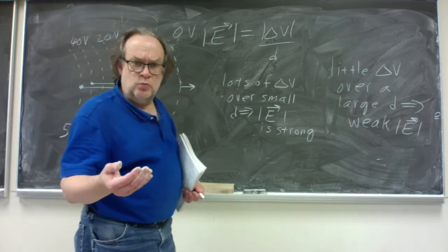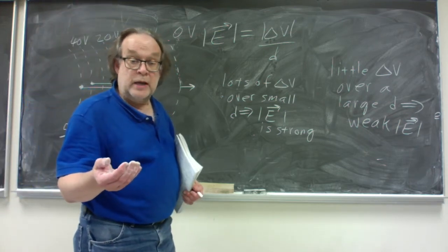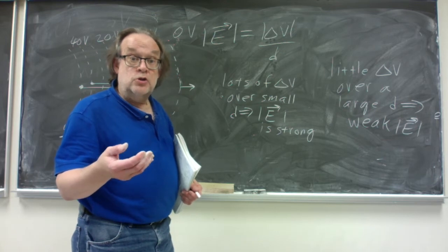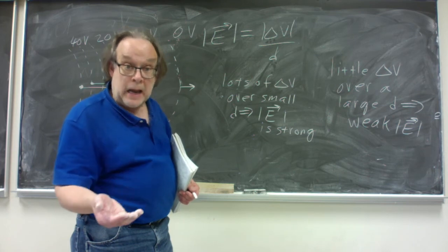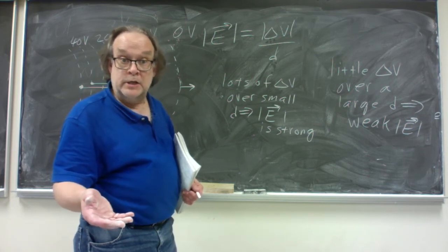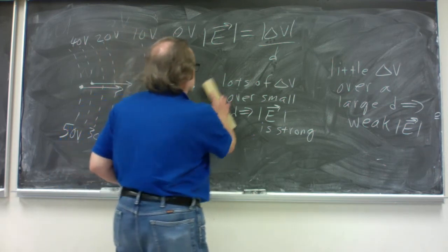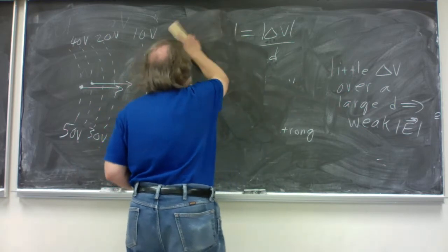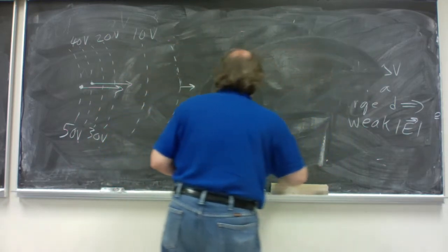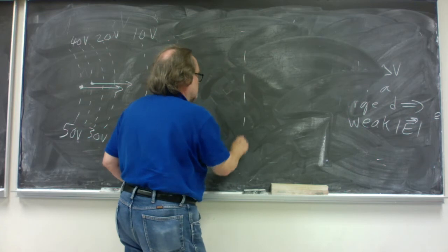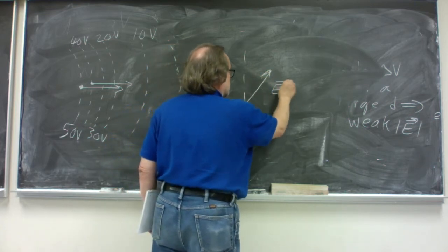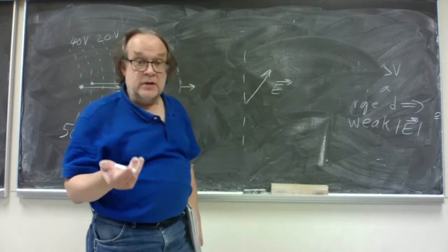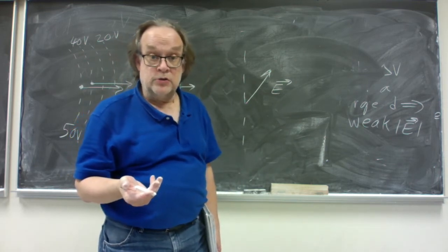Let's imagine the situation that we would have if fields were not perpendicular to equipotential lines. So here's an equipotential line, and imagine the electric field points that way. Well, we can think of two components of that electric field.